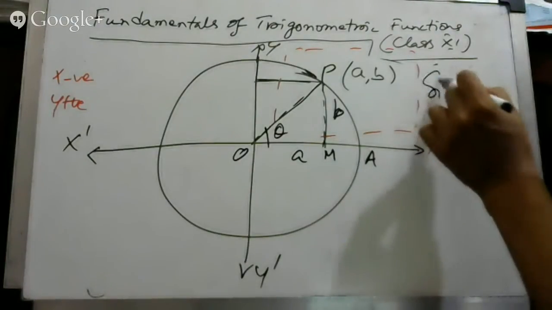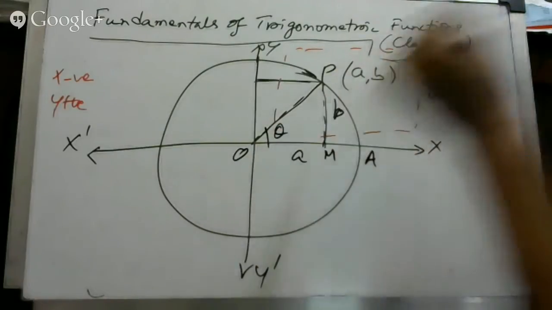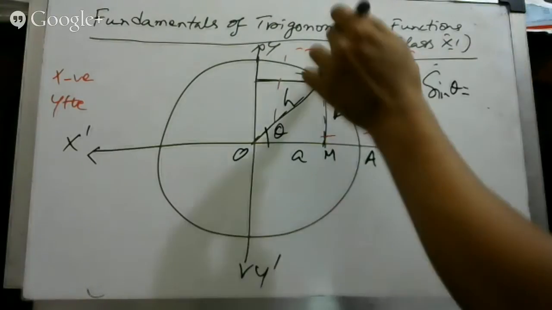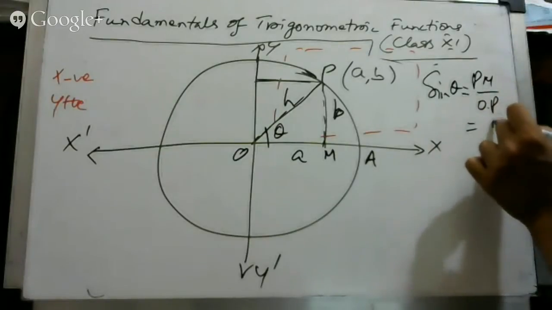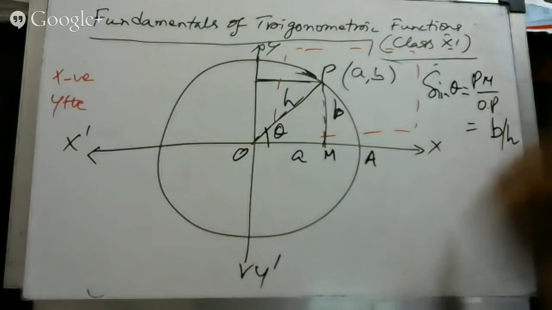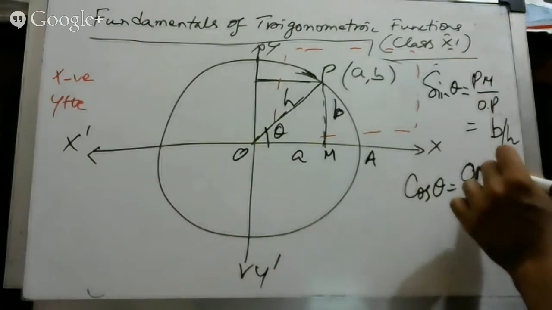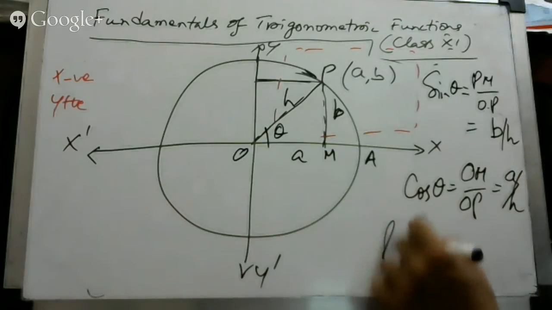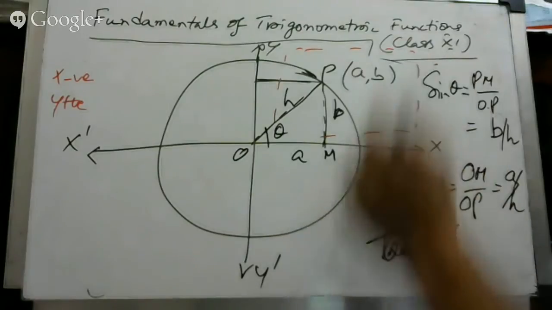So here we have sine theta is equal to, and suppose this is our hypotenuse which we call H. So sine theta is equal to PM by OP, which is equal to B by H. Cos theta is equal to OM by OP, which is equal to A by H, and tan theta is equal to sin theta by cos theta, which is B by A. So this we already know.